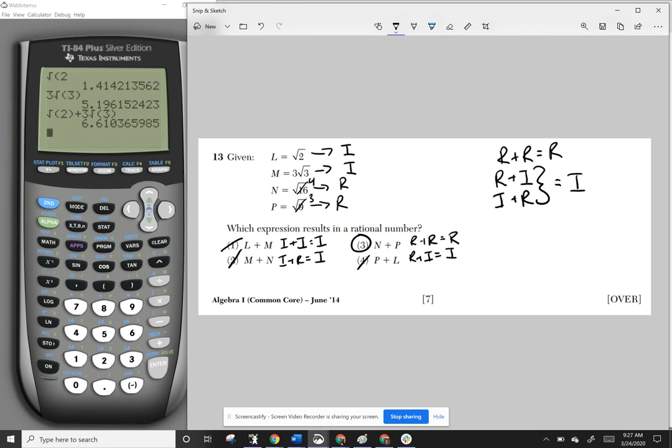This always equals irrational. And irrational plus irrational can be both. It just depends on the actual problem. So if you get irrational plus irrational, I would definitely check that in your graphing calculator.